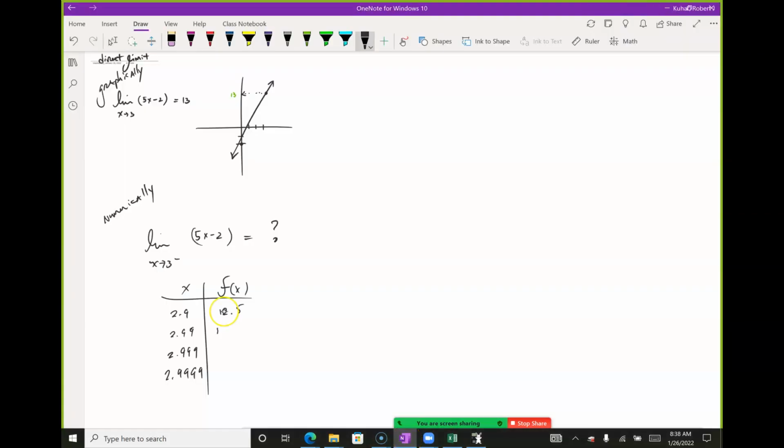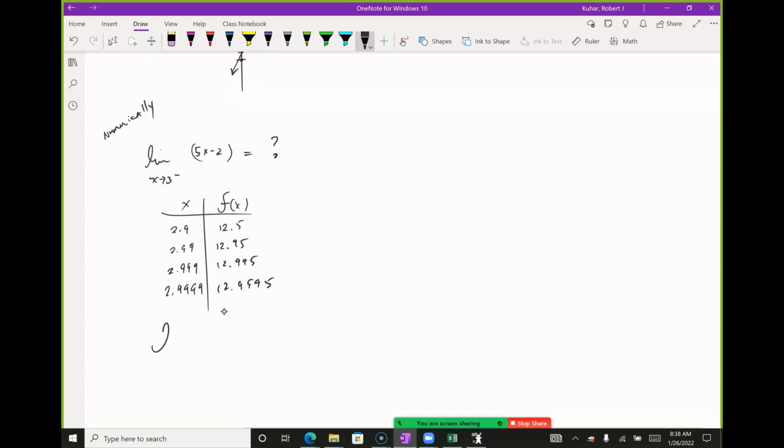I got 12.5, 12.95, 12.995, 12.9995. You can see this decimal piece is moving closer and closer to 1 more, and so we get our prediction of 13. The limit as x goes to 3 from the left of 5x minus 2 is 13.